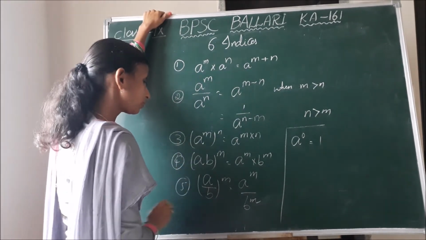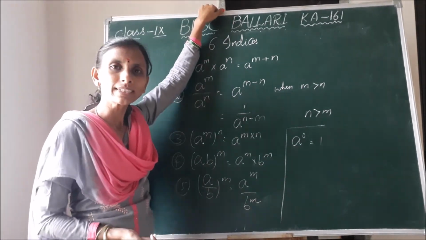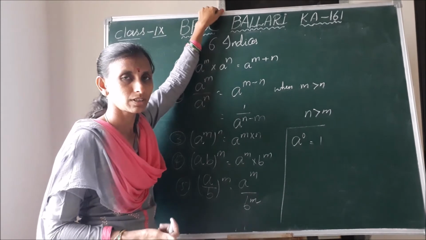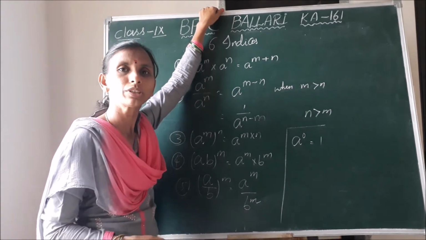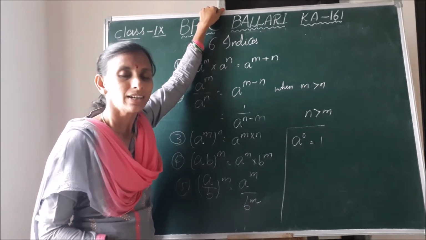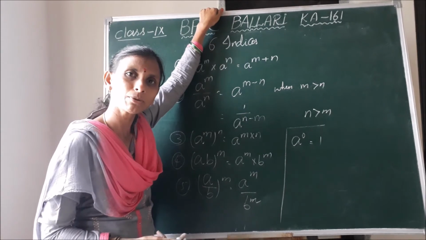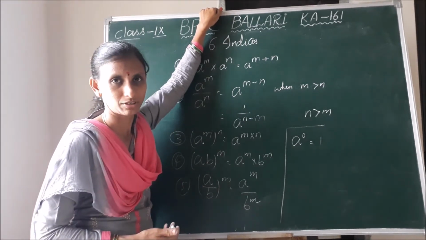Now, we have learnt about natural numbers, whole numbers and integers as powers. But here we are going to learn about indices that are rational numbers. Rational numbers are those in the form of p by q, that is, in the form of a fraction.